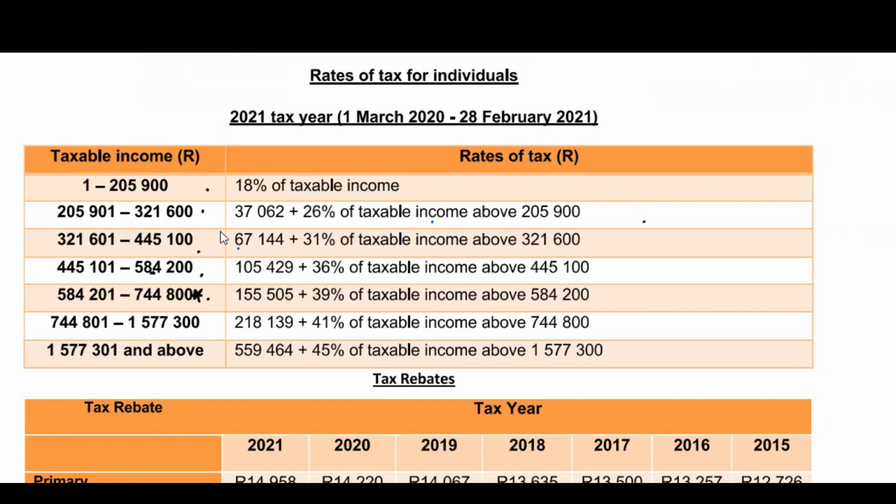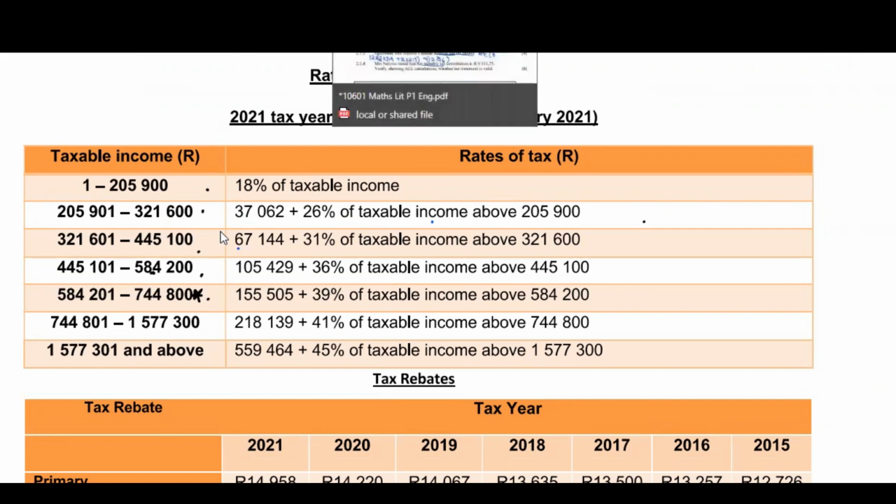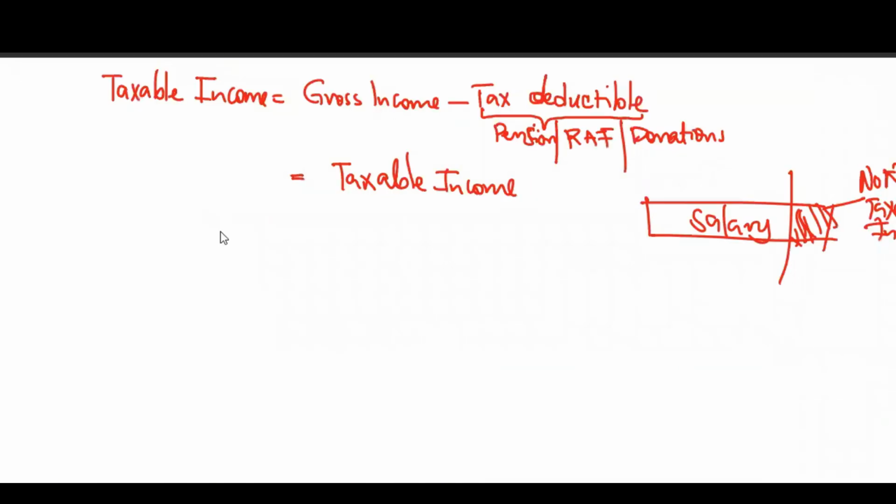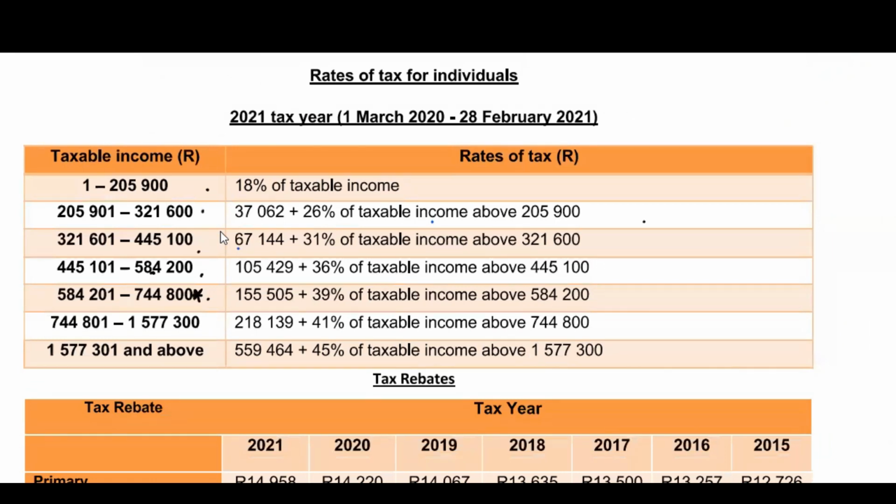The moment you identify where it belongs, which is this bracket here, you write this number down, plus 0.39 into brackets. Now you bring the taxable income that you've just got, minus the number which is already inside the bracket.